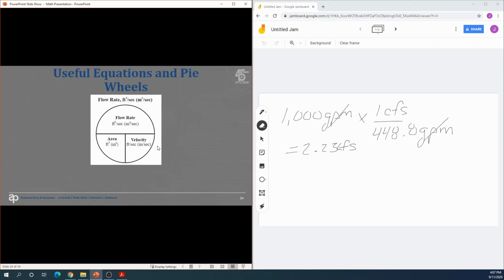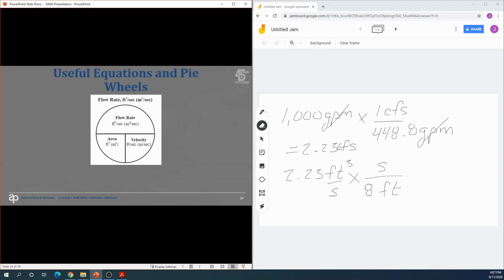So flow rate, 2.23 cubic feet per second, divided by our velocity, which was 8 feet per second. Okay, so this one's going to be a little tricky, what I just did.